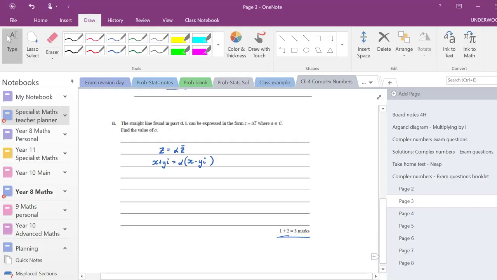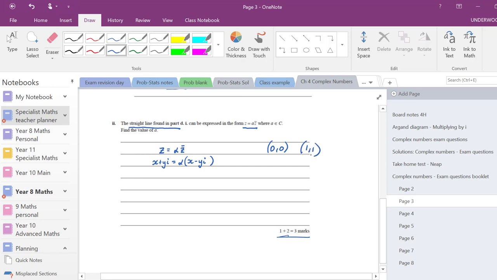Okay, so I hope you had a little bit of a think about it. Look, we've been told it says the straight line found in part D can be expressed in this form. That's the hint. So the straight line intersected its 2 points, 0, 0 and 1, 1. We know 2 of those points.